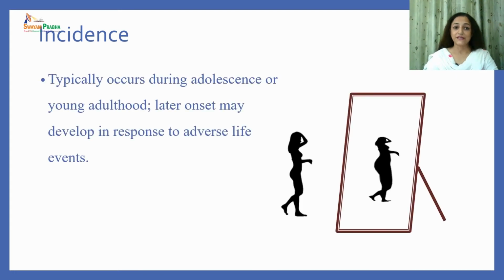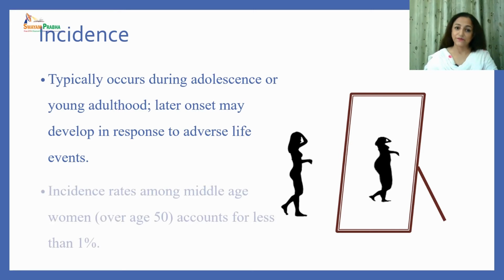Coming to the incidence, it typically occurs during adolescence or young adulthood. Late onset may develop in response to adverse life events. And the incidence rate among middle-aged women, say over 50, accounts for less than 1%.